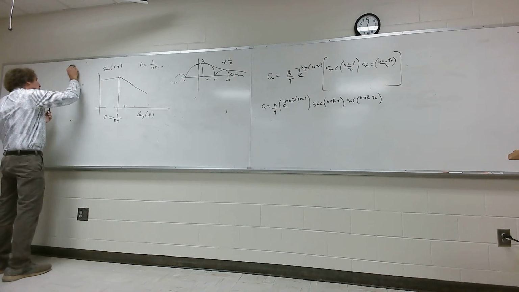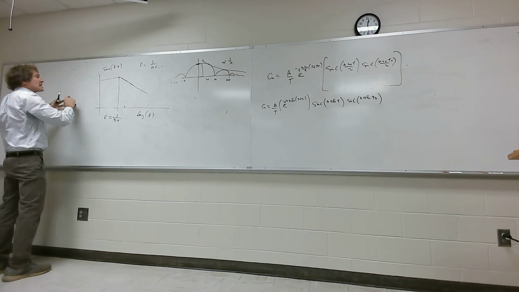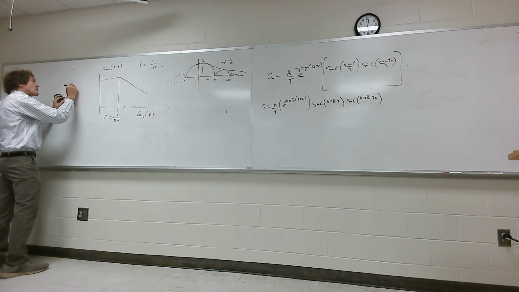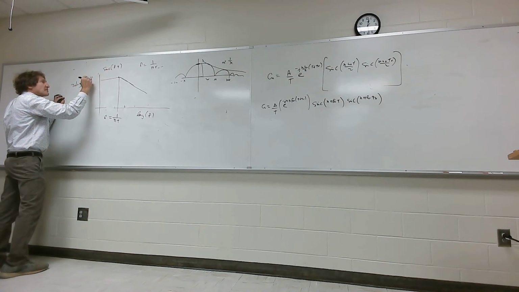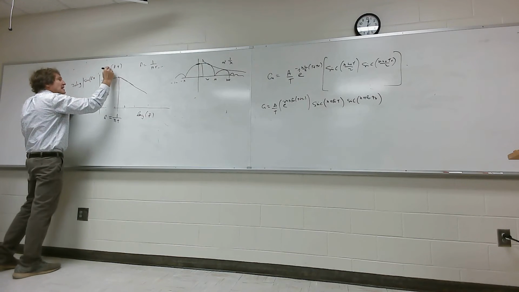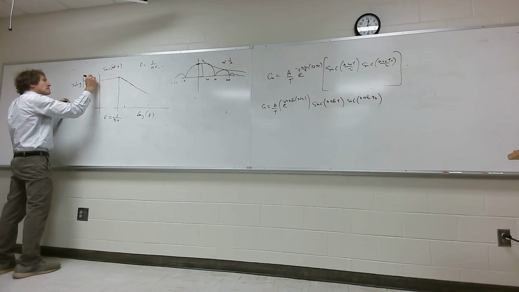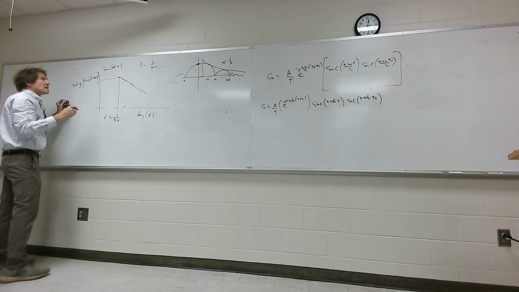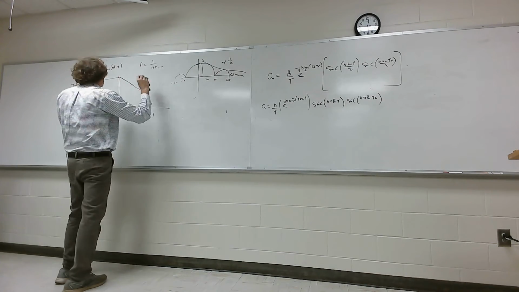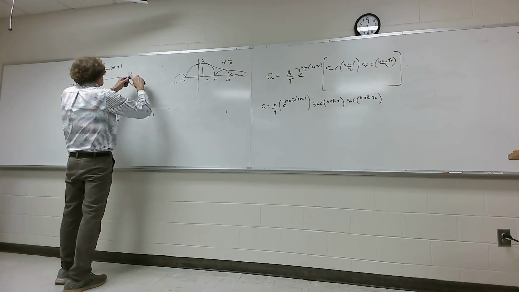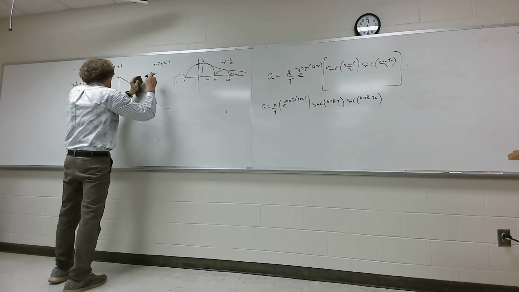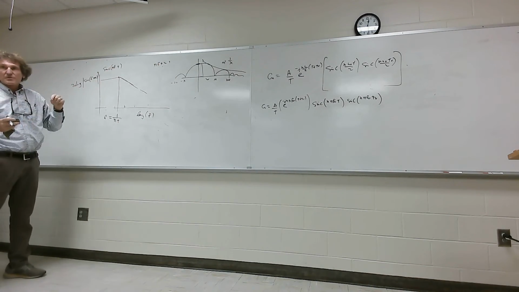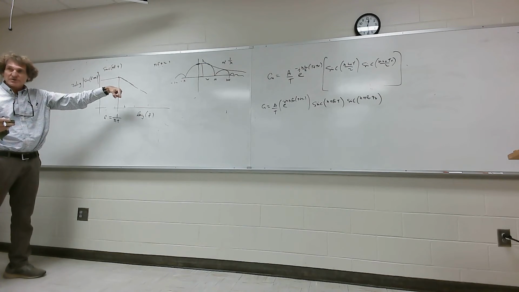I'm trying to shoehorn all this in before the quiz. This would be 20 times the log of the magnitude of that sinc function of pi f tau. There is a pi in here, my bad. So when pi f tau equals 1, the sinc of 1 is where the 3 dB point is on the sinc function, where it starts coming down.